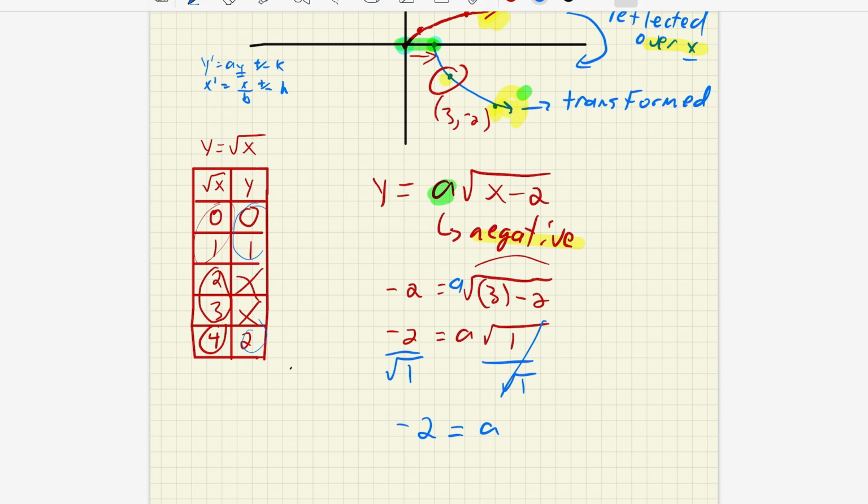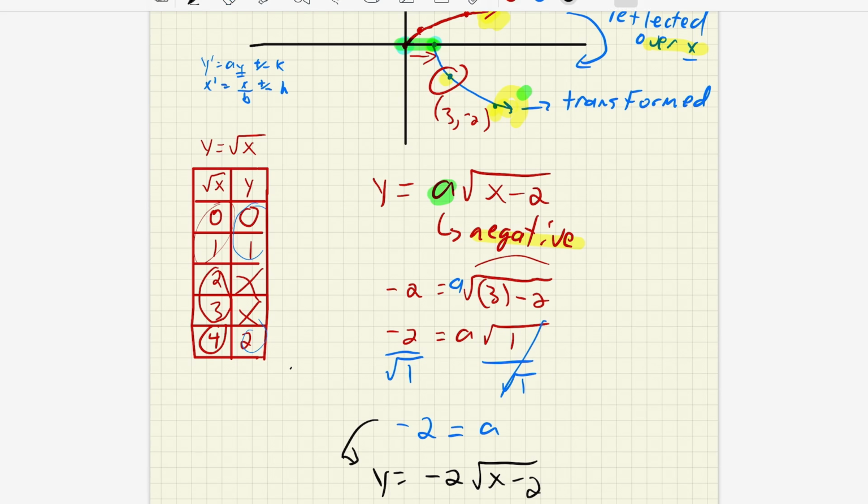But in this case, we see that's negative 2. So now our function so far is going to be y is equal to negative 2 root x minus 2. So we see that our graph is y is equal to negative 2 root x minus 2.